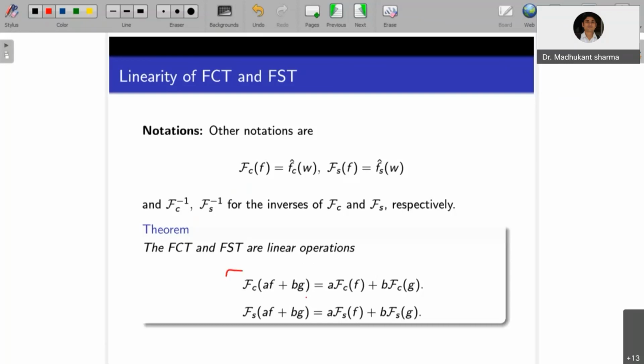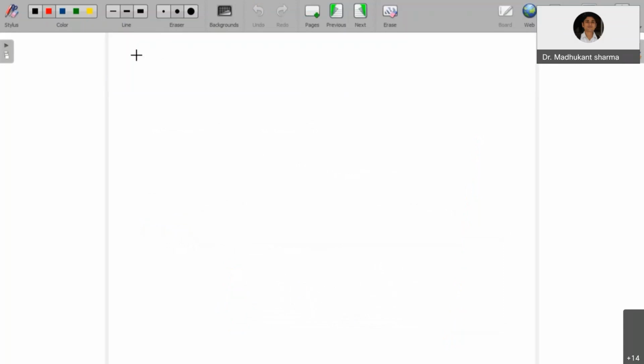So it is easy to follow that the cosine transform and sine transform are both linear operations, which means you can apply them individually. This is very simple.